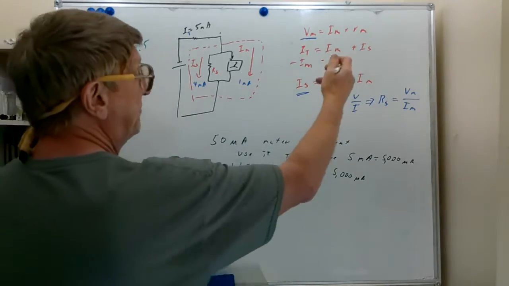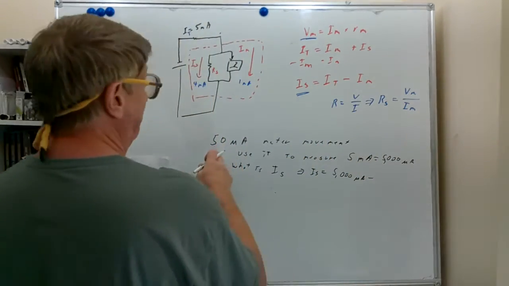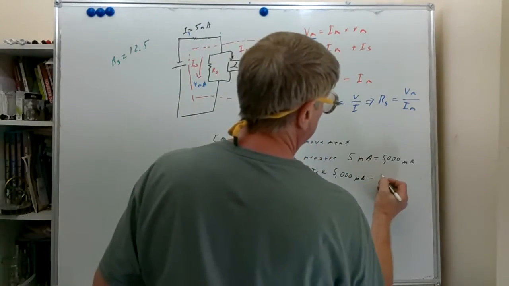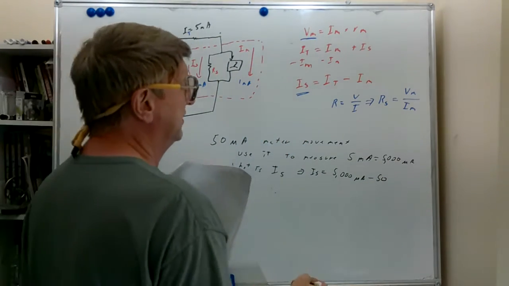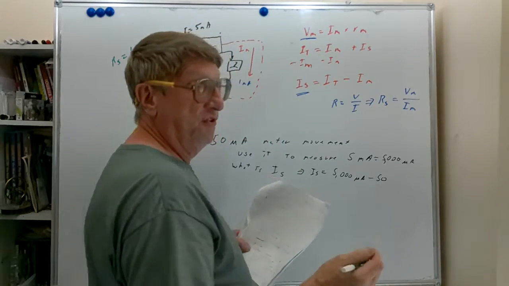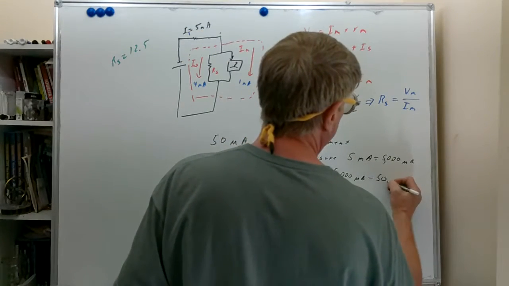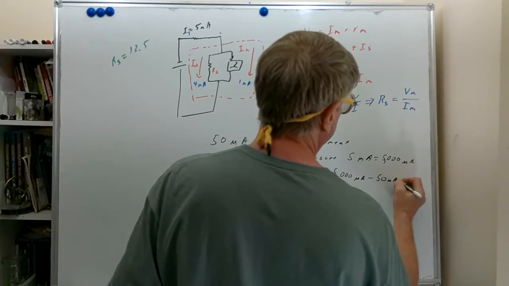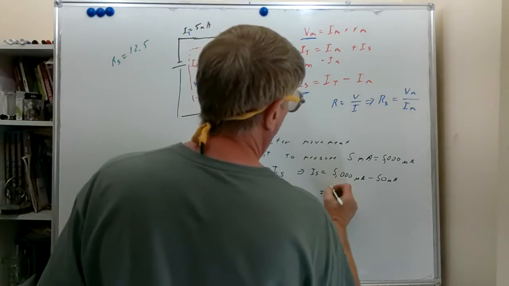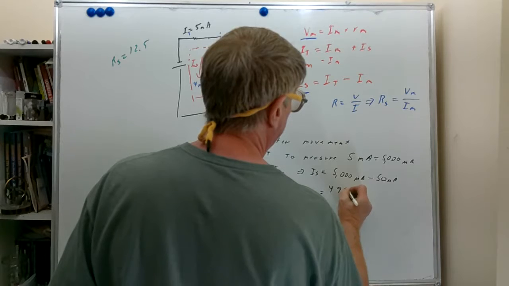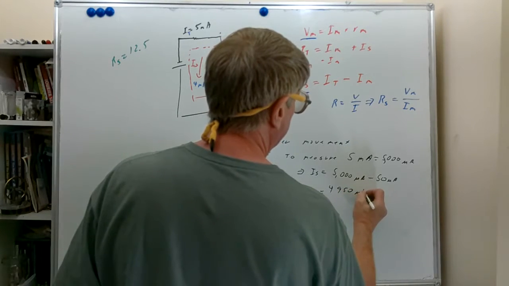And we want to subtract from that the meter current, which is a 50 microamp movement. You can see why I switched to microamps here, because you need the same units for subtracting for it to work out. So 5,000 minus 50 is 4,950 microamps.